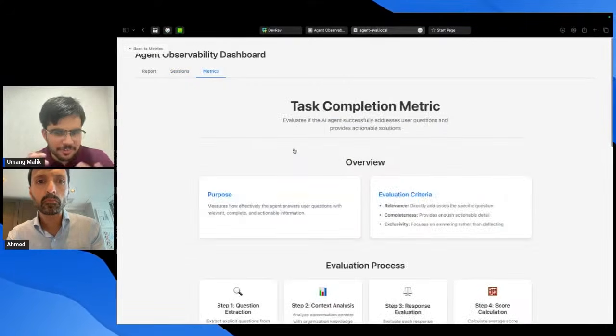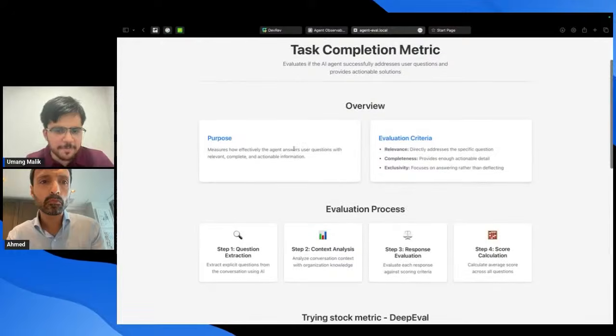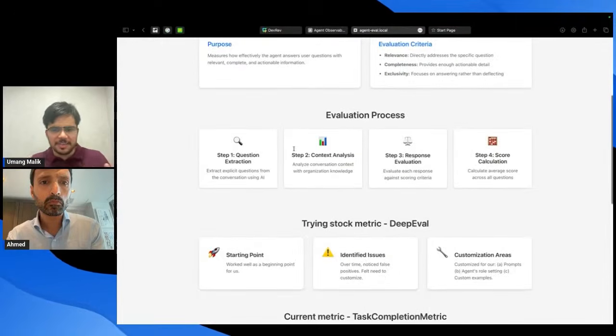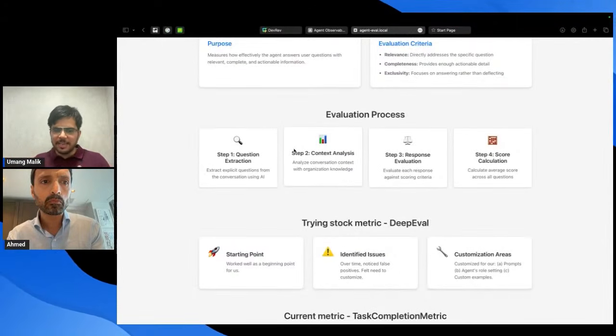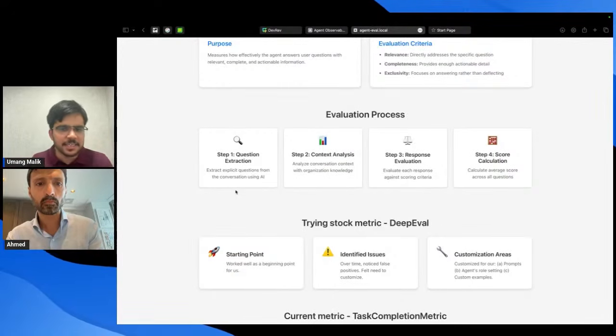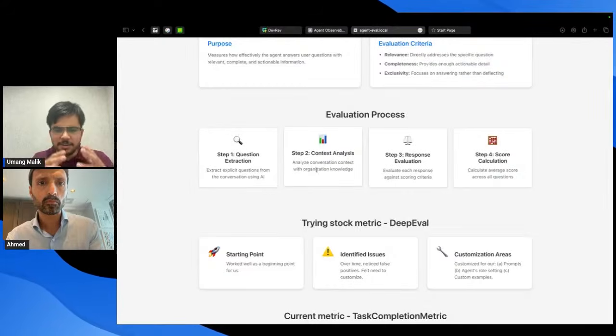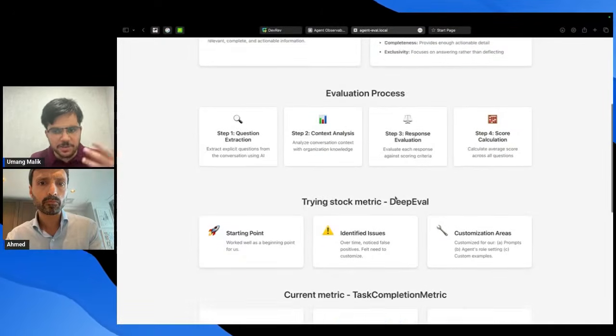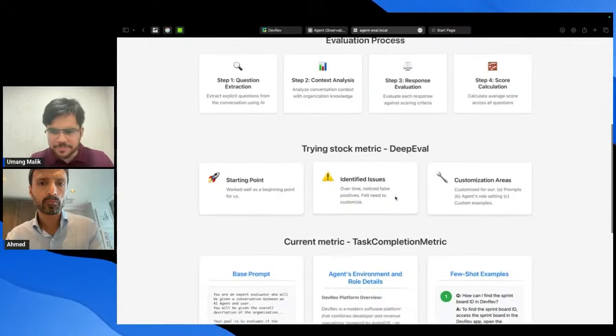So coming to the definition of this metric, we construct it on top of LLM models, but over here you first extract the questions or the tasks depending on the agent, and then you analyze it in context of this organization, what this agent is supposed to do. You evaluate it using a prompt.